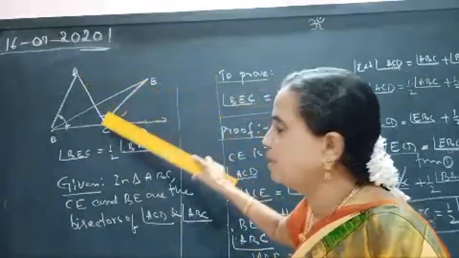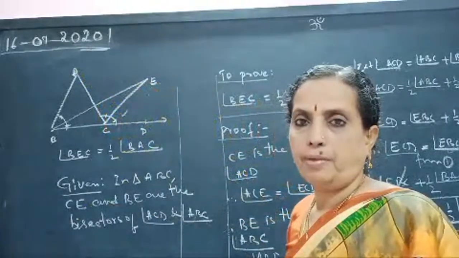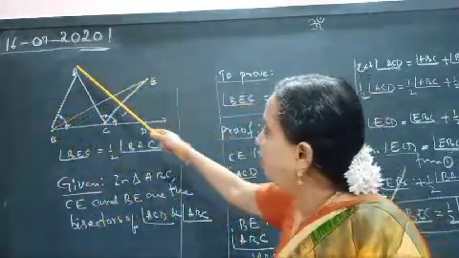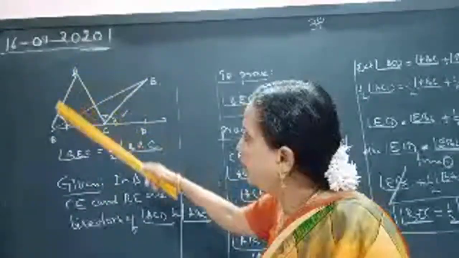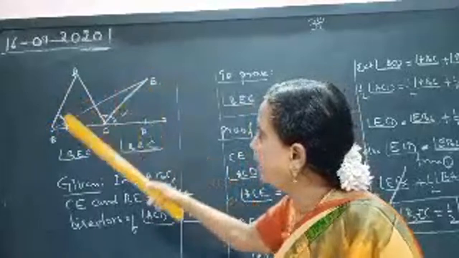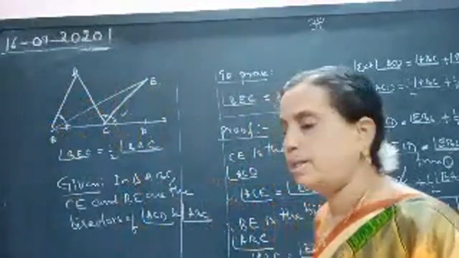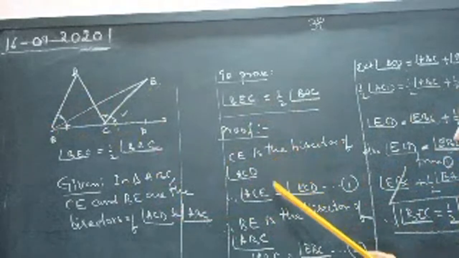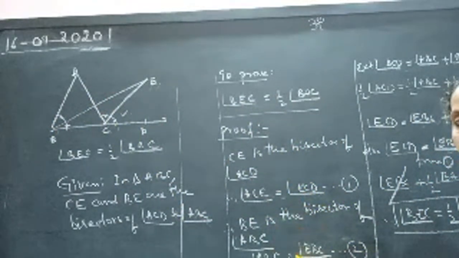ACE and ECD, they are equal. Next, since BE is the bisector of ABC, angle ABE and angle EBC are equal. That is the first step. I wrote it as they are bisectors, so each angle is equal.